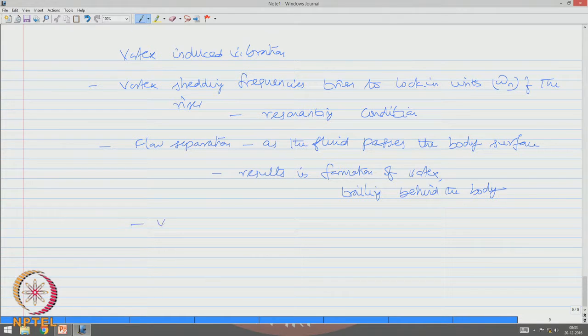So, VIV is caused by the vortex which is shed behind the body in the fluid flow. Now, let us ask the question, what would be the consequences if VIV is formed?